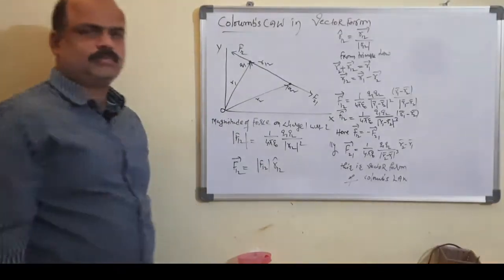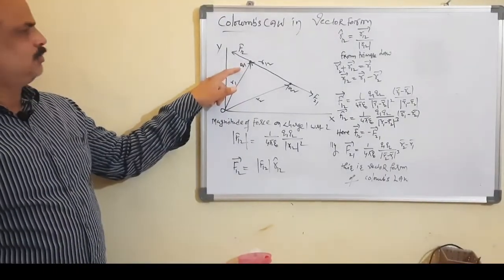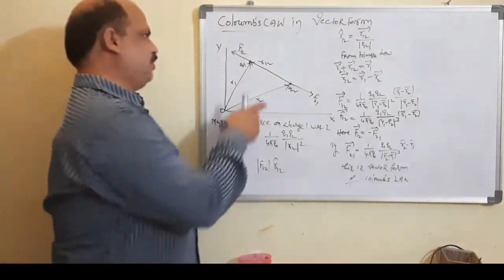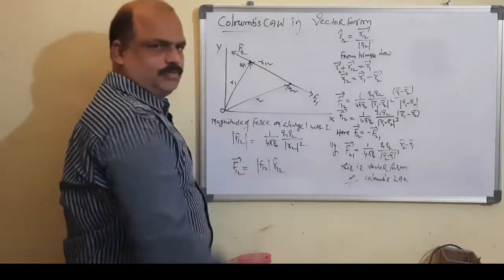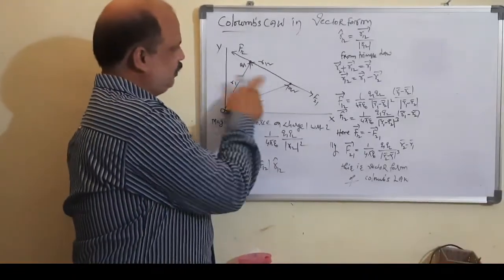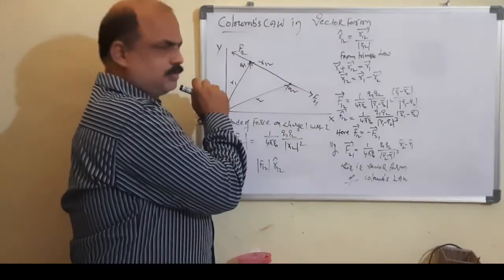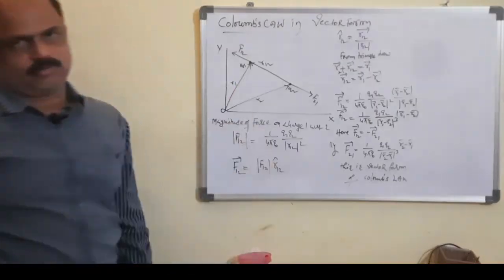F12 is the force on the first charge due to the second charge, along this direction. And R12 is the position of 1 with respect to 2, along this direction. So here F12 bar and R12 bar are both in the same direction.